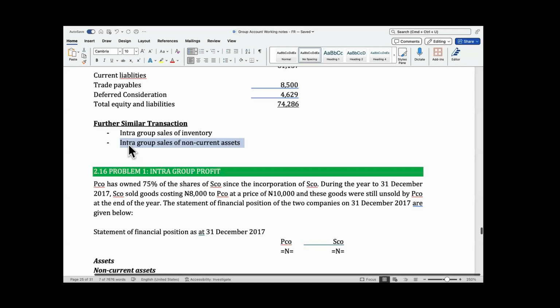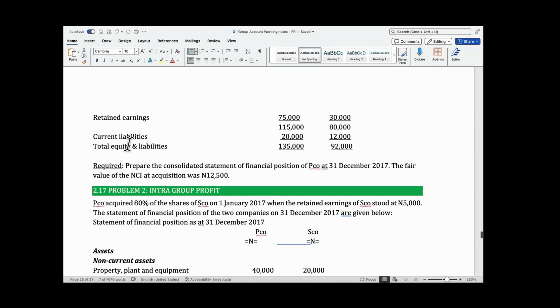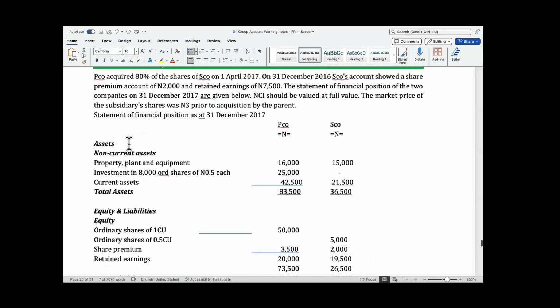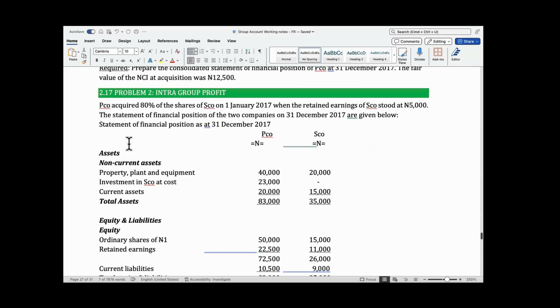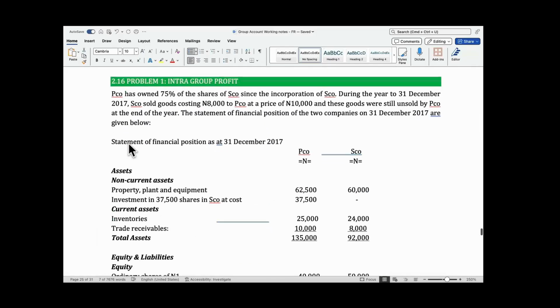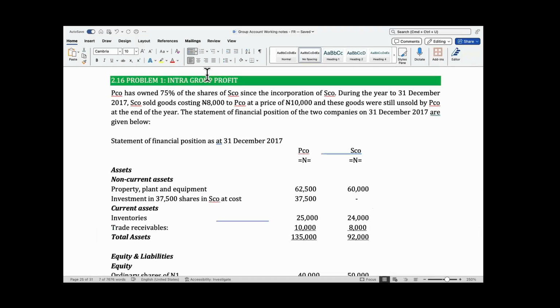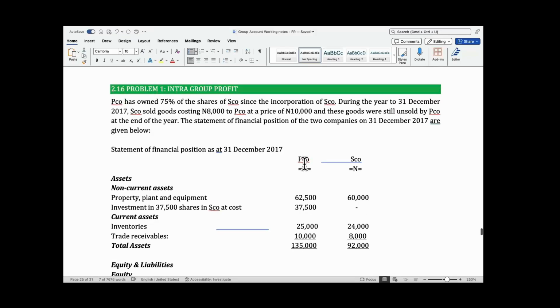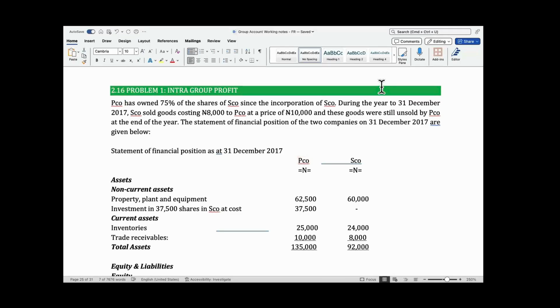So let's look at two or three questions to resolve that first before we go to some other parts. Let's start with this. This one says Pico has owned 75% of the shares of ESCO since the incorporation of ESCO. During the year to 31st December 2017, ESCO sold goods costing 8,000 to Pico at a price of 10,000, and these goods are still unsold by Pico at the end of the year.